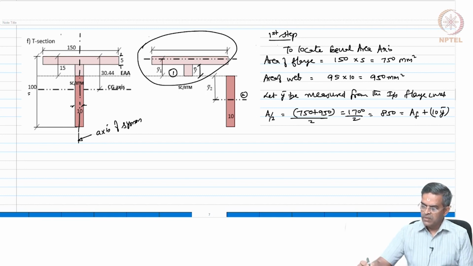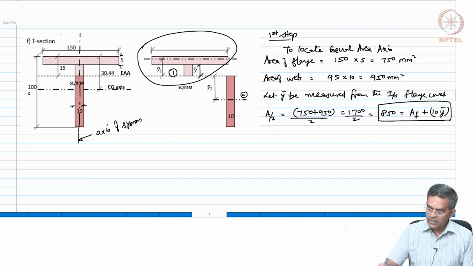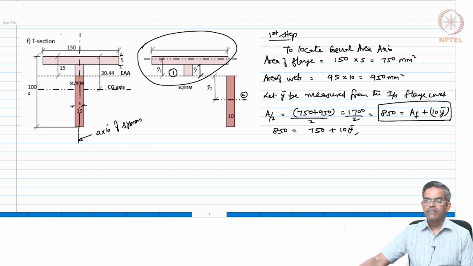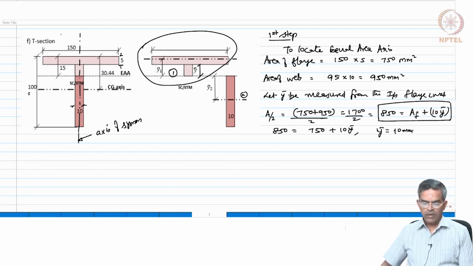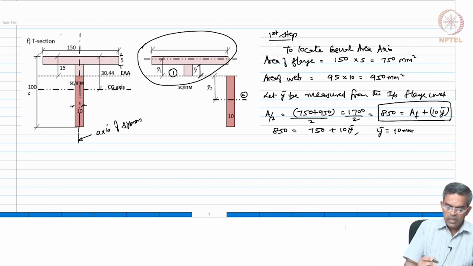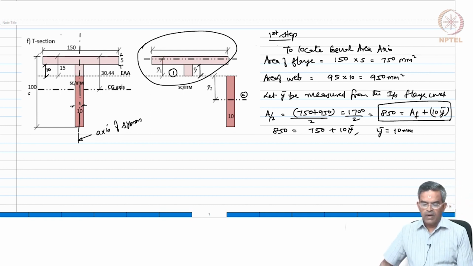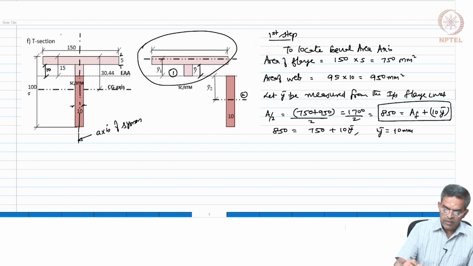So, I have the governing equation: 850 is equal to 750 plus 10 times y bar, which tells me that y bar is 10 mm. So, at 10 mm from here, I locate the equal area axis. So, I have located the equal area axis.